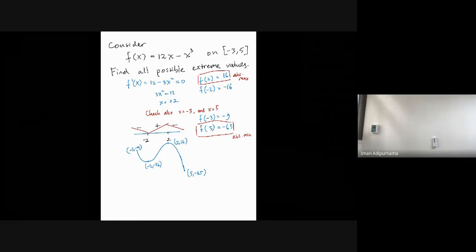If you have a function and you have a specific interval on that function, usually when you take the derivative and set it equal to 0, you will get a max or minimum, right? But when you have an interval, you need to check the interval and check within the function whether it is maximum or minimum.